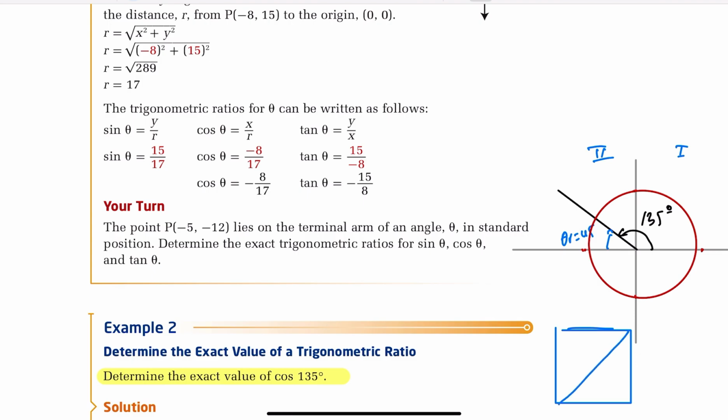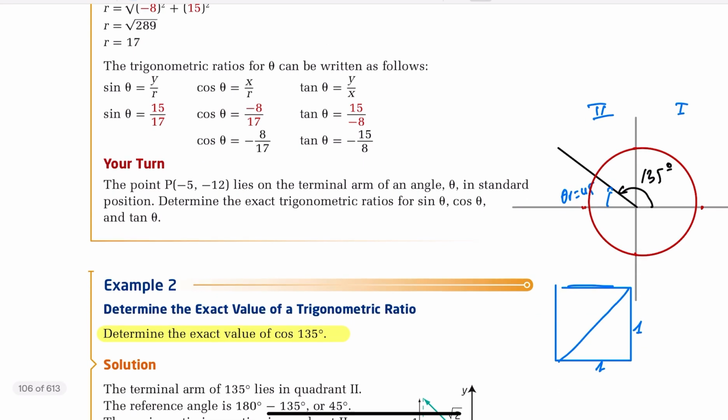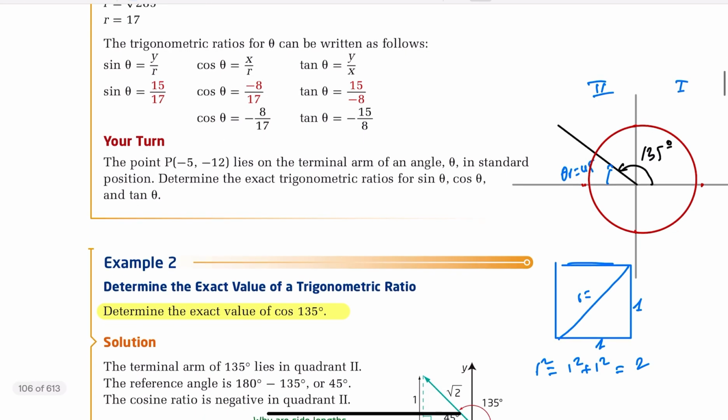So if I have this is 1 and this is 1, so this will be how much? R square is 1 square plus 1 square, which is 2. So my R is the square root of 2. This is my 45 degree.